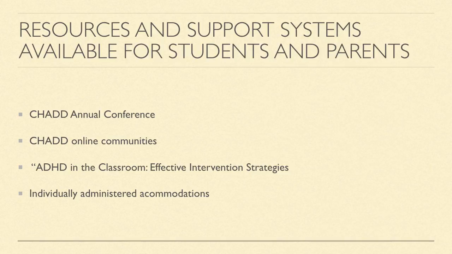Possibly students may be able to record the lecture that is done by the teacher so that they can refer back to it in terms of instructions or information. Students may be offered frequent breaks, as stated before, to really burn off any restlessness or extra energy. Additionally, parents should establish a route of communication, whether it be email or daily report cards or things of that nature, to stay informed about their students or about their children and their performance, and stay involved in their lives.